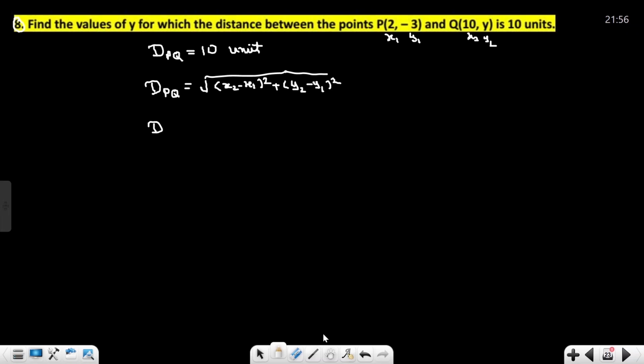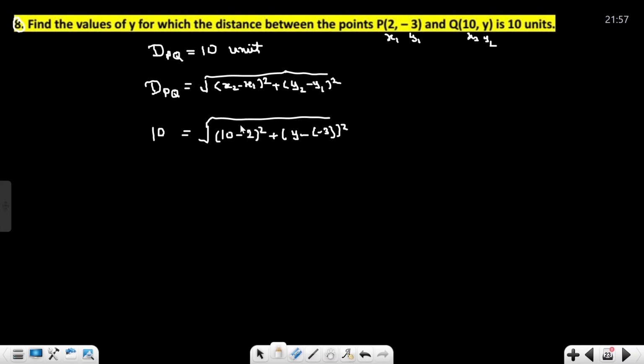The distance is already given, so 10 is equal to root of (x2 is 10 minus x1 is 2) square plus (y minus y1 is minus 3) square.